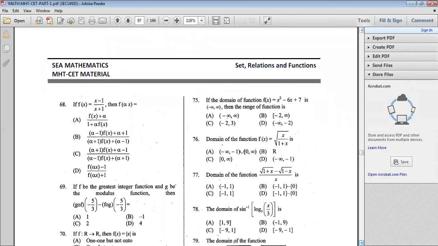Problem 68. It's a simple question. F of x is x minus 1 by x plus 1. Then f of alpha x. The exact answer is not given, so again we have to check from the options. Let's observe this. F of x is given as x minus 1 by x plus 1. Then we have to find f of alpha x.